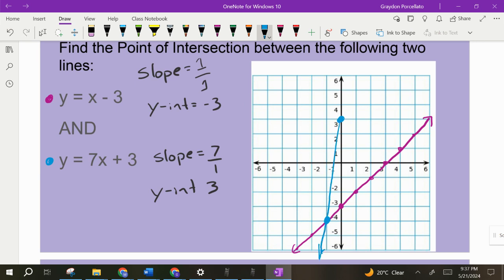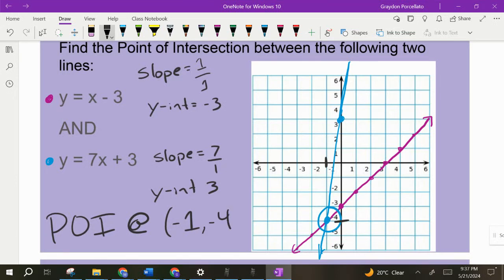Okay. You see we have our point of intersection there where our two lines meet right here. So we say that our POI, our point of intersection, is at -1 for our x-coordinate, and -4 for y. All right.